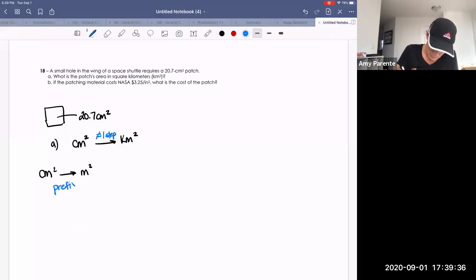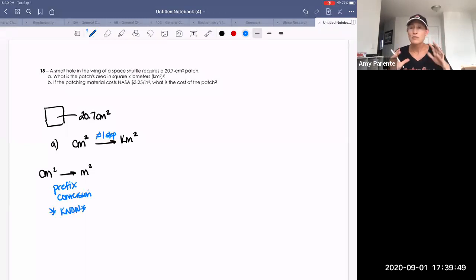So this is going to be a prefix conversion. This is something that you will have to know, right? There was that table that showed all of those different unit prefixes. So this is all those, milli and micro and kilo and things like that. So I know that this is a factor of 100. We'll talk in a minute about how we actually use that factor of 100.